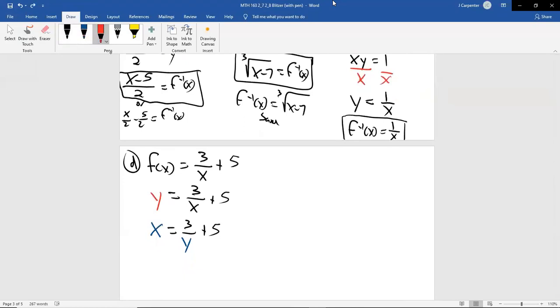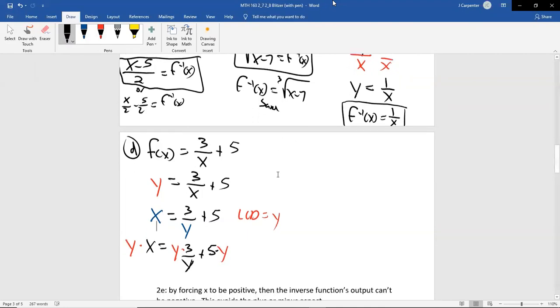So we say, okay, well, what's our LCD? Well, it would be y. It's the only denominator. So we multiply the x by the y, the 3 over y by the y, and the 5 by the y. You might notice I put the y after the 5 instead of in front like the others. That does not matter.